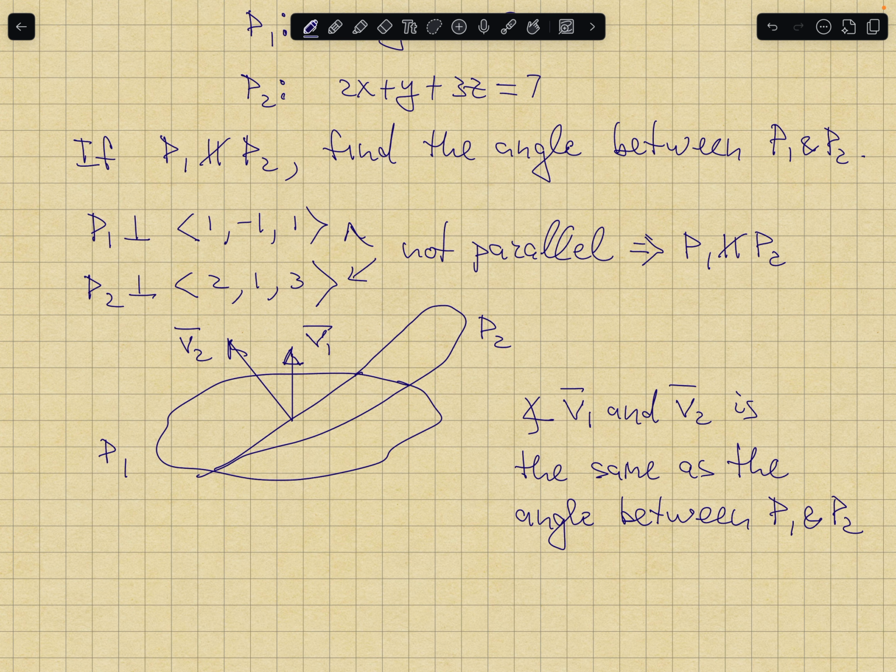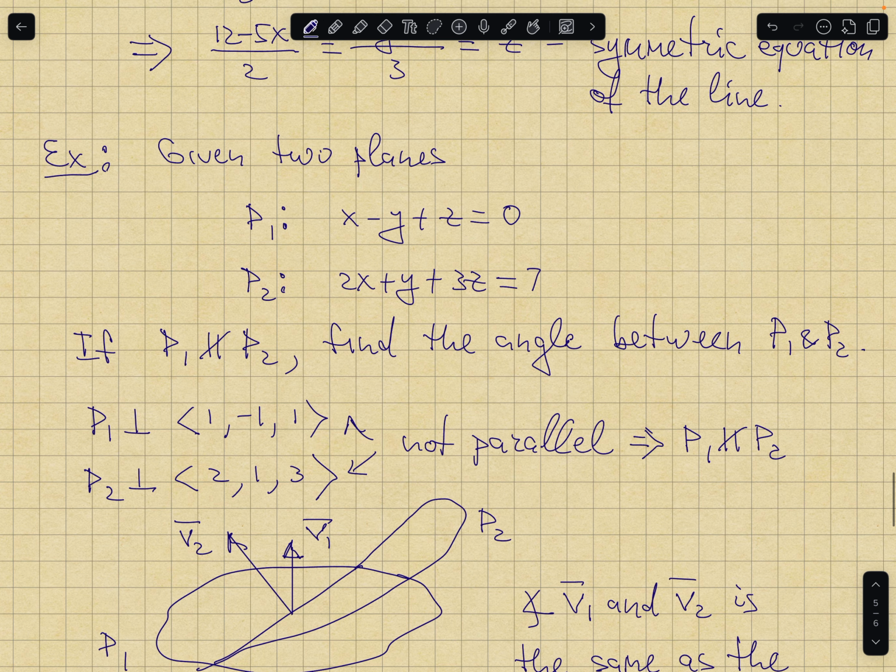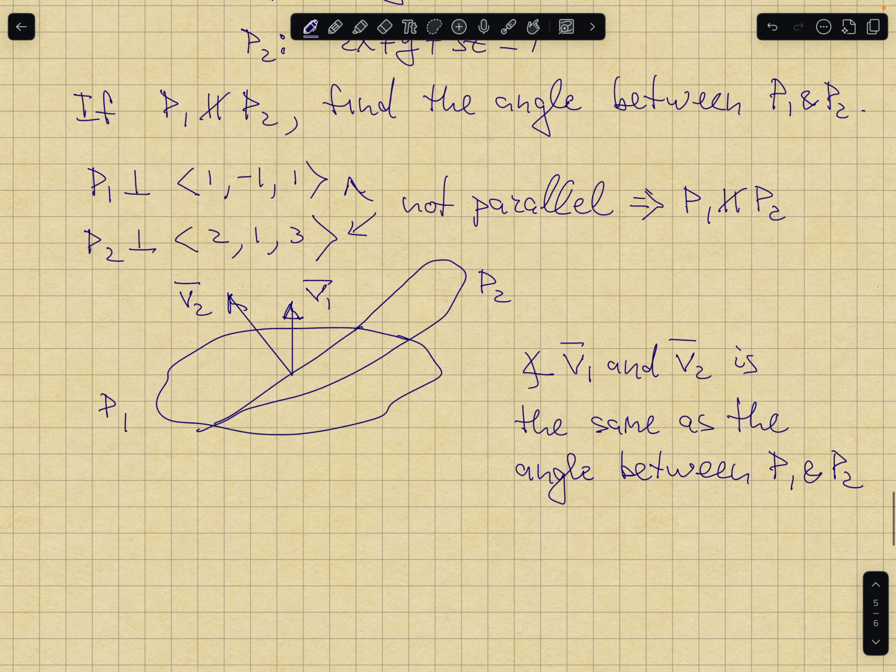So the only thing that I need to do is to find the angle between V1 and V2. And V1 and V2 are vectors that are perpendicular to my planes. I already found them.